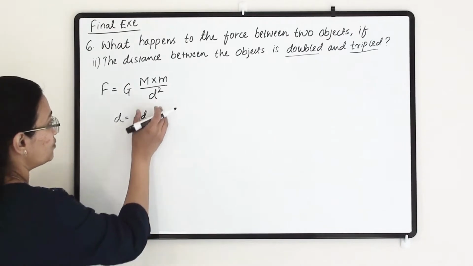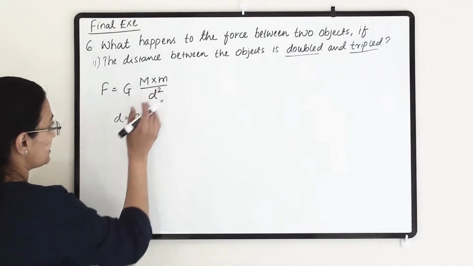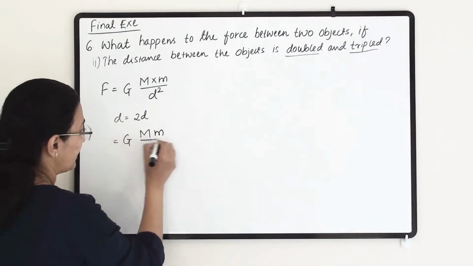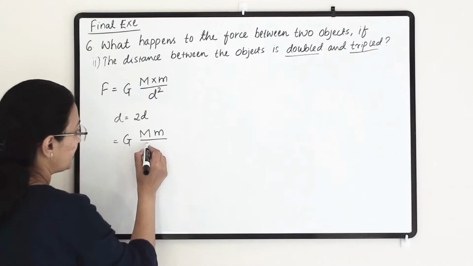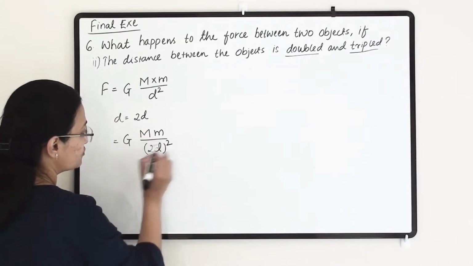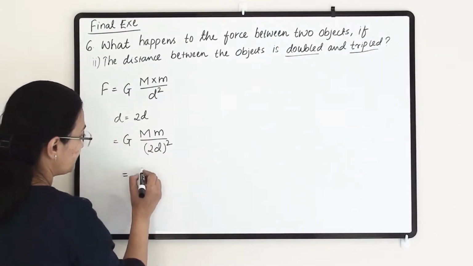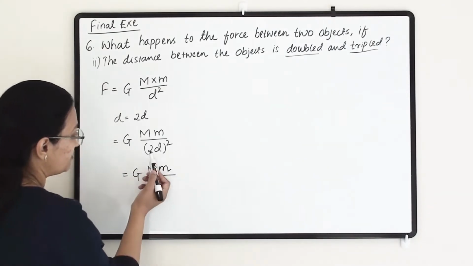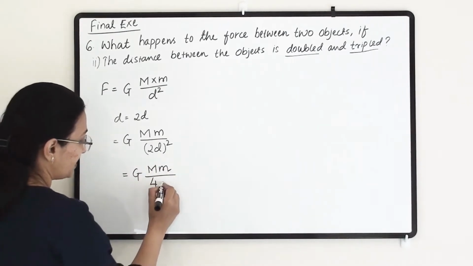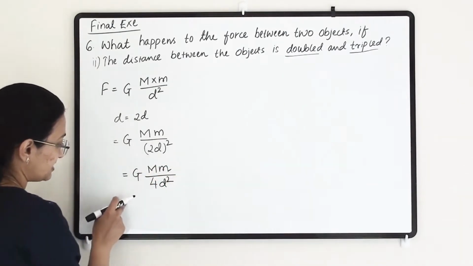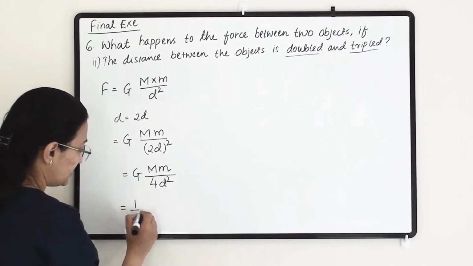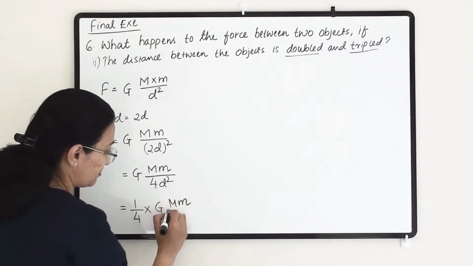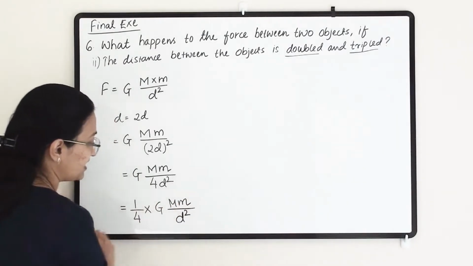So this value we are putting into this equation. So we are getting here G capital M into small m, and instead of D we are taking 2D and then 2 square. So we will get here capital G capital M small m divided by 2 square, which is 4, and then D square. So let us take this 4 out.